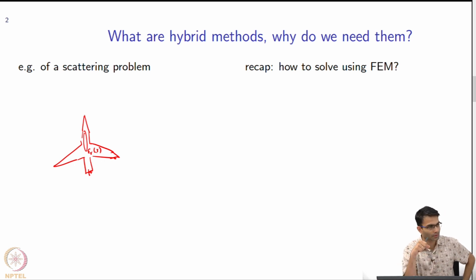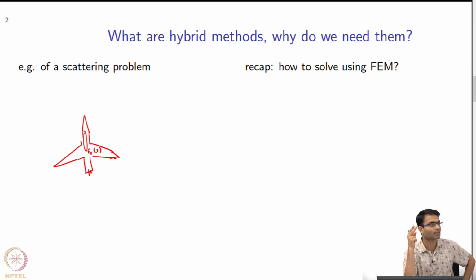What is the technical difficulty if I use a surface integral formulation? The boundary may be complicated. What is the more difficult challenge? The Green's function for that medium will not be easy to calculate. I know the Green's function for free space, that's easy, but the Green's function for a heterogeneous medium is not possible. So that's the technical challenge. That's why I cannot do a surface integral formulation.